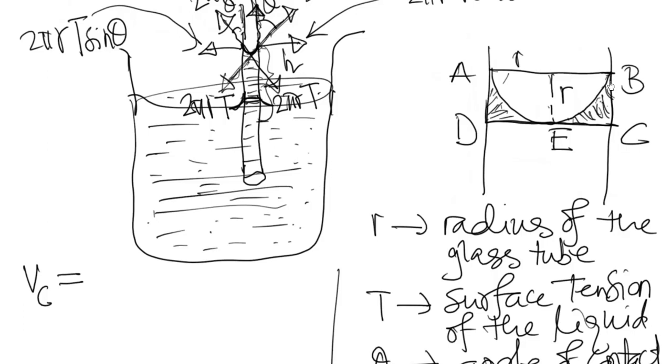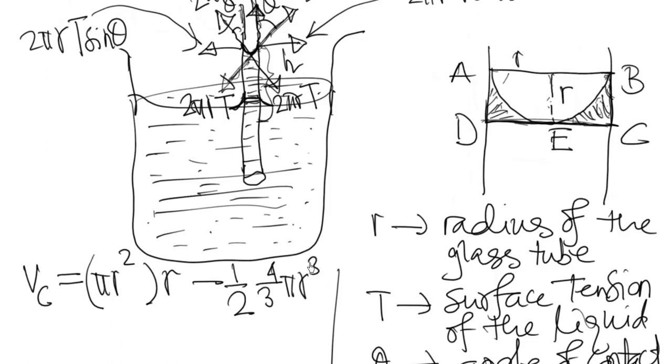So the volume of the cylinder ABCD is πr², and the height is also r, so πr² into r, and then we have to subtract half the volume of the sphere with the smaller radius, which is 4/3 πr³.